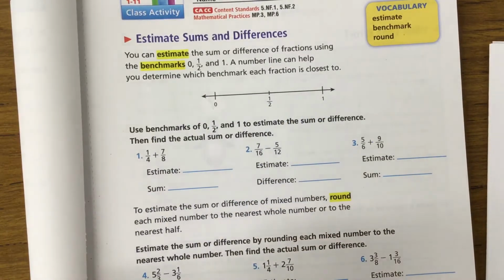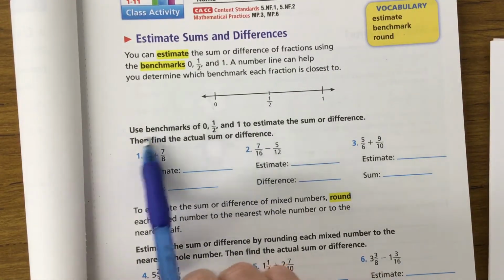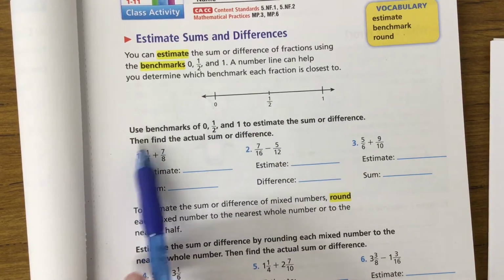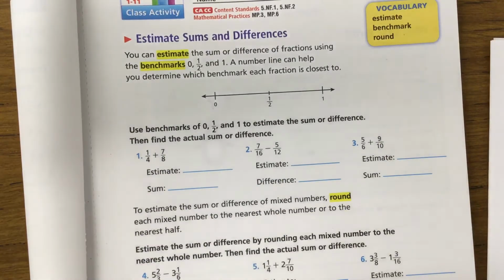Those are our benchmarks that we're going to use. Benchmarks is another way of saying like goalpost, if you will. So we're going to use the benchmarks of 0, 1/2, and 1 to estimate the sum and difference, then find the actual sum and difference. We're going to do it with fractions, and then we're going to do it again with whole numbers.